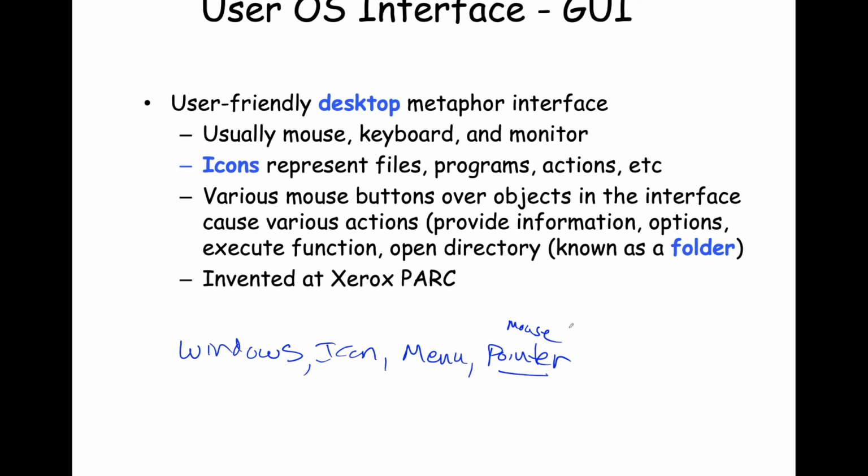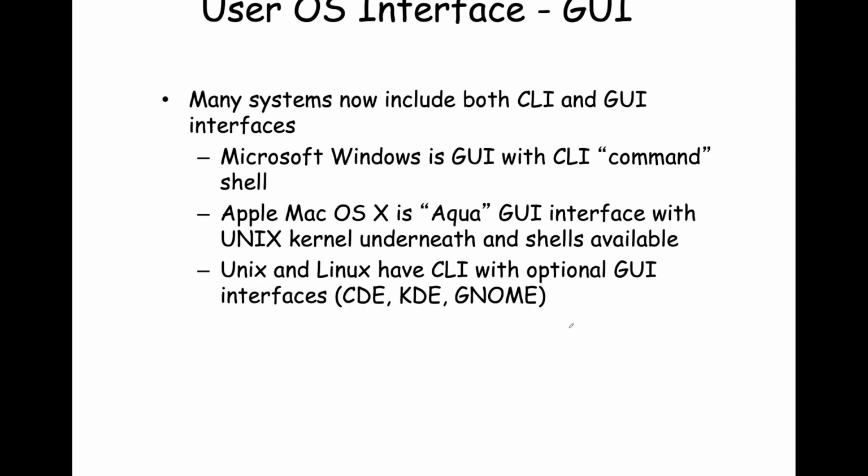Okay. So we also have many other types of systems. Microsoft Windows uses a graphical user interface, or GUI. It does have command line interface capability. You can bring up a command line window on Microsoft Windows.